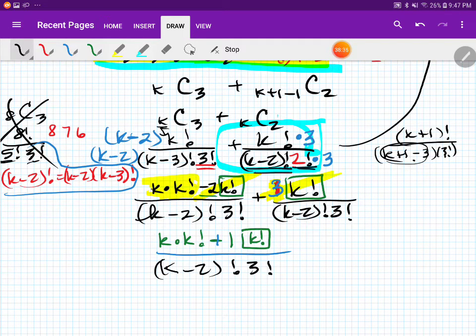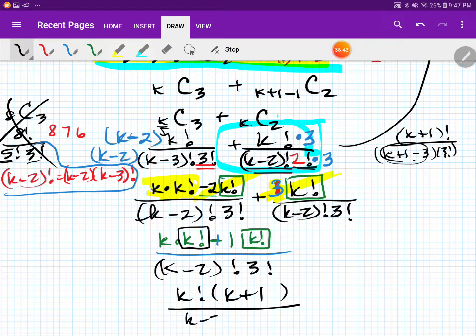Okay, so I see the k factorials at the numerator. I'm going to factor out a k and get k plus 1 over k minus 2 factorial, 3 factorial. Now, k plus 1 factorial is like 9 factorial, or 9 times 8 factorial. Okay, 9 times 8 factorial is 9 factorial.